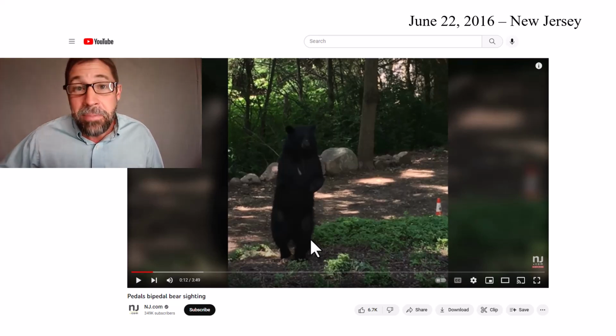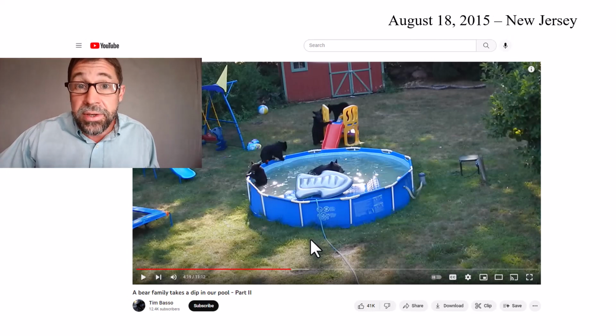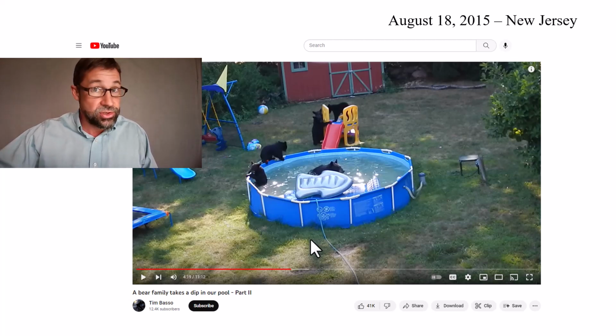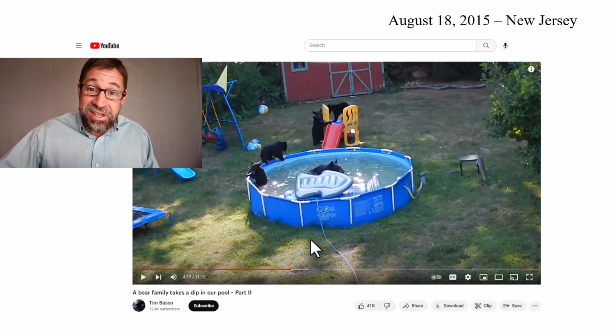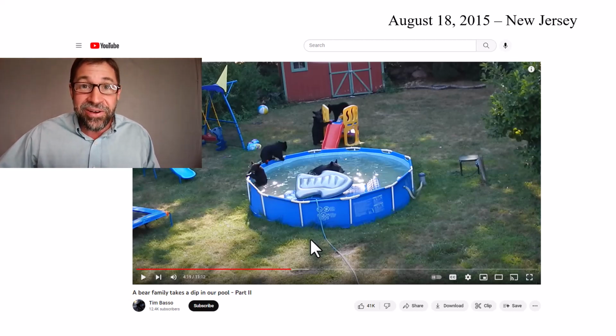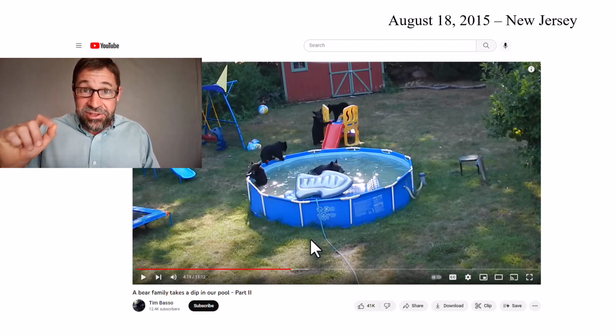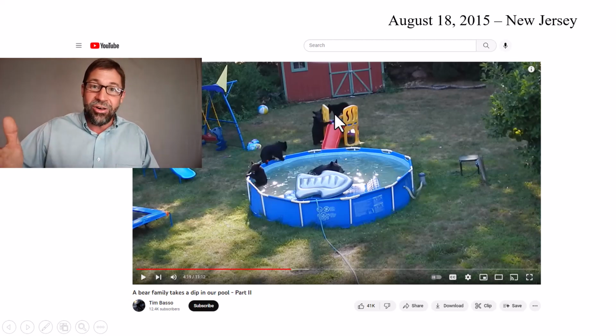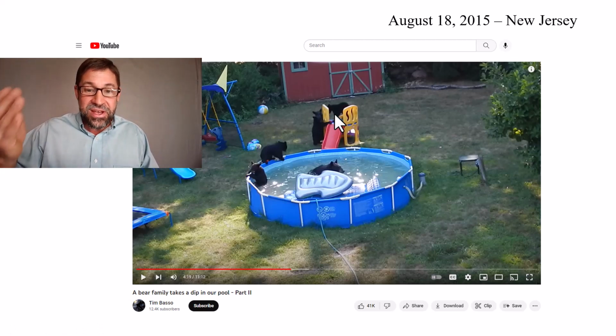Black bears are an extremely adaptable species, capable of exploiting anthropogenic resources like garbage, like pet food, like bird feeders, even the occasional swimming pool on a hot summer day. So this sow, as evidenced by her 5 healthy cubs, and you can count them, is doing quite well in the wildland-urban interface.